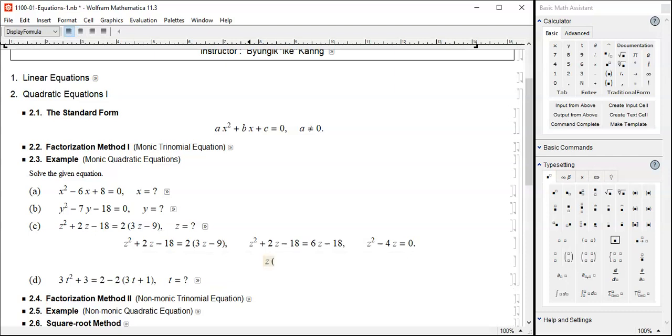Take z out, and what's left is z minus 4. So first factor is equal to 0, or second factor is equal to 0. z minus 4 is equal to 0. That's equivalent to z equals 4. So there goes the solution.